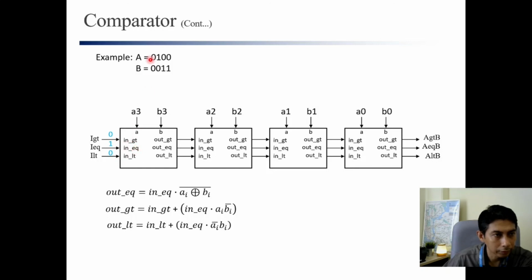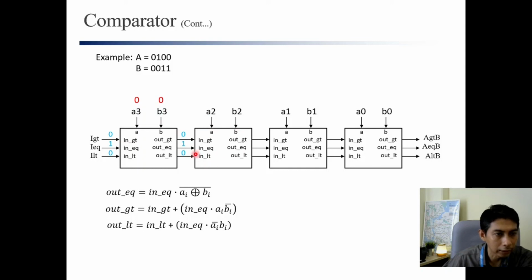First, we need to assume that the first bit is equal. Then we check for this A3 and B3, so we get the output. Here we should have 0, 1, 0 also because A3 and B3 are equal.